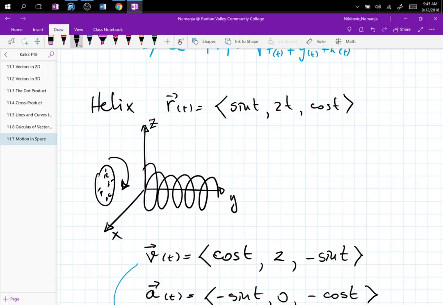Counterclockwise is the default motion, but that calls for cosine first and then sine. So this can work in 2D as well. Yes, everything I'm talking about can work in 2D, except you have to have 2 coordinates. So the circle would just be cosine t, sine t, the unit circle, and all of this would work.